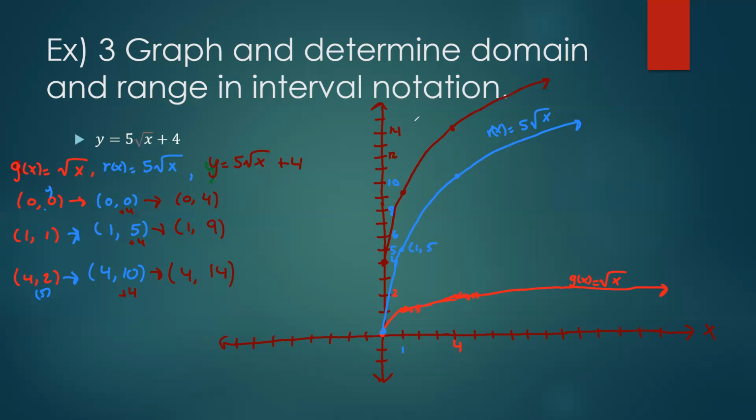So this one would be y equals 5 square root of x plus 4. That is our final graph.